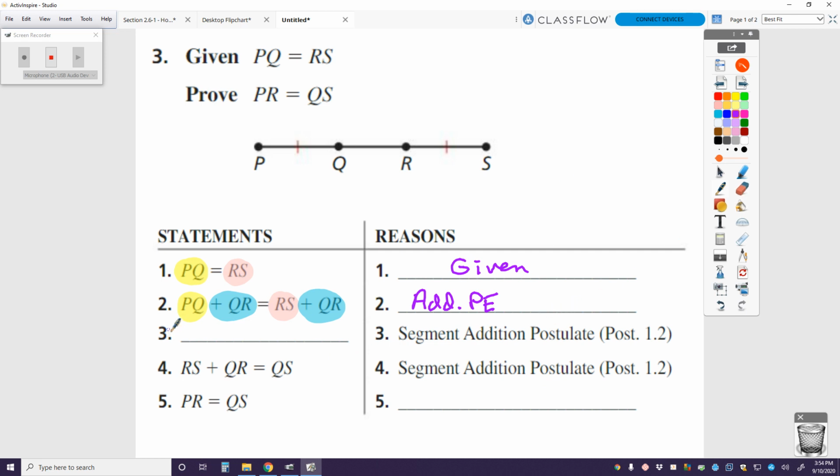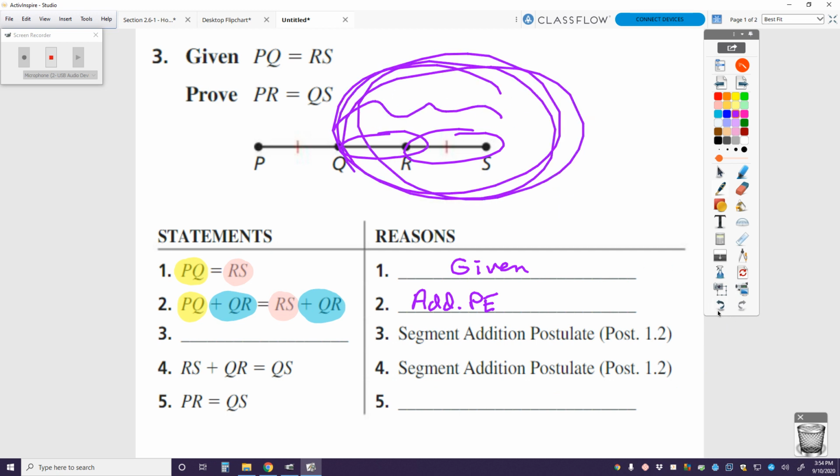Now, statement 3, we know the reason is the segment addition postulate. Ooh, okay, so now look down at statement 4, because there's kind of two segment addition postulates going on here, right? And so we need to know which one we really need to talk about in 3. So in 4, they said RS plus QR makes QS. So they're kind of focusing on the right side up here, right?